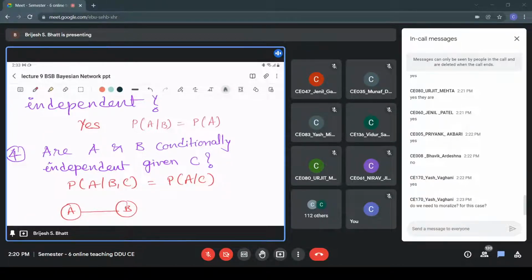Because you have heard the alarm and you know that it is not burglary, you can decide that the alarm might have rung because of earthquake, or the other way around. You have heard the alarm and you know that there is no earthquake, so you infer that the alarm might be because of the burglary. So given that you have observed C, you can decide about A and B given one. They become conditionally dependent, so they are not conditionally independent.